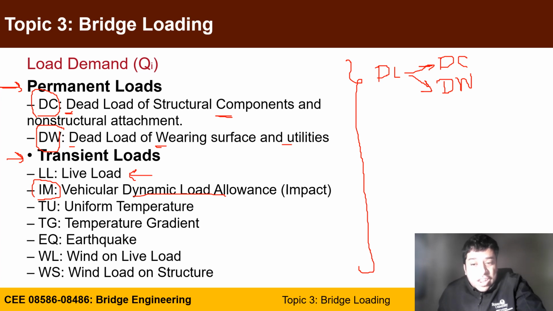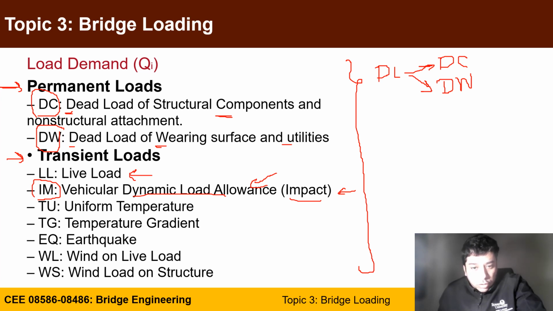They move at a certain speed, from minimum to maximum speed allowed by officials. So you will have impact effects on different components in your bridge. That's why you have what's called dynamic load allowance, IM, from impact, that has to be added to amplify the constant weight of the truck.